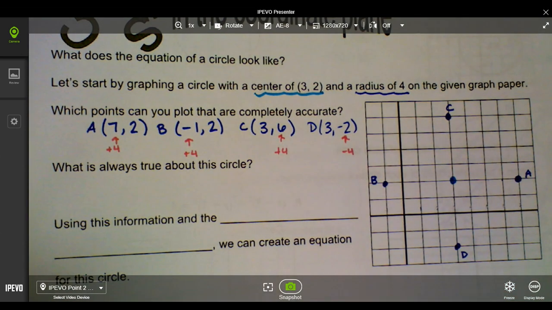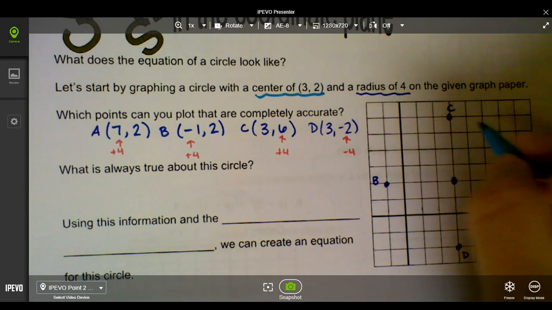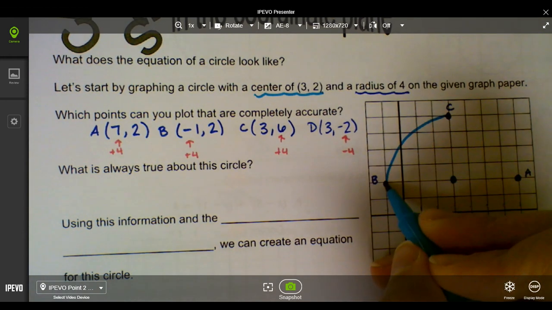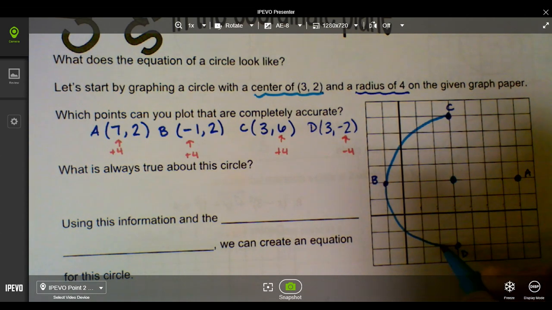So even if you don't have graph paper for this, you can still figure out those 4 accurate points just by adding 4 and subtracting 4 to the x's, and adding 4 and subtracting 4 to the y's. So I'm going to attempt to draw a circle without a compass.